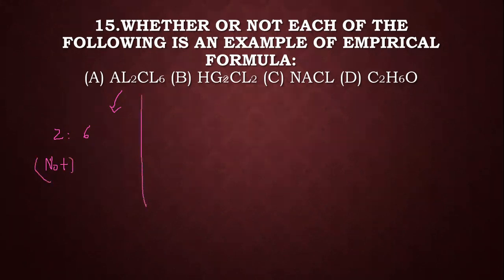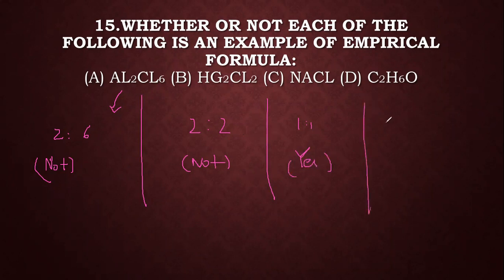In case of the next one, 2:2, as 2:2 is not in the simplest whole number ratio. In case of this, 1:1, yes, this is an example of an empirical formula.